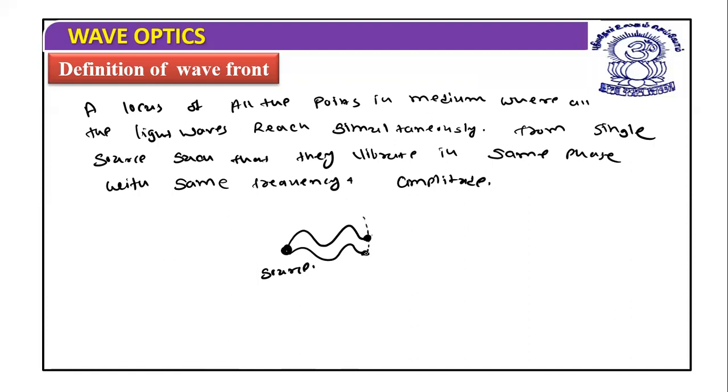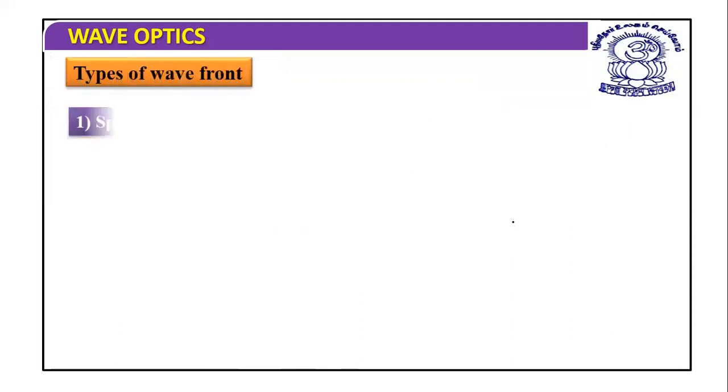The locus connecting this kind of particles is called wavefront. There are multiple types of wavefront based on the shape of that source of light. One is spherical wavefront.